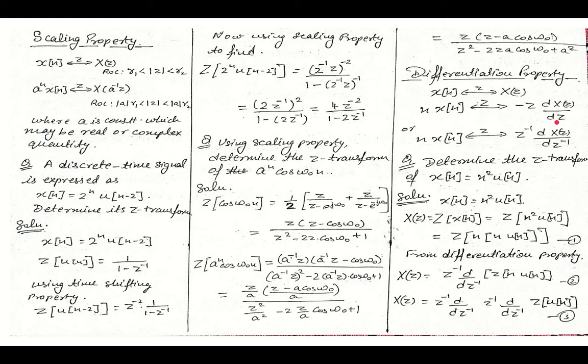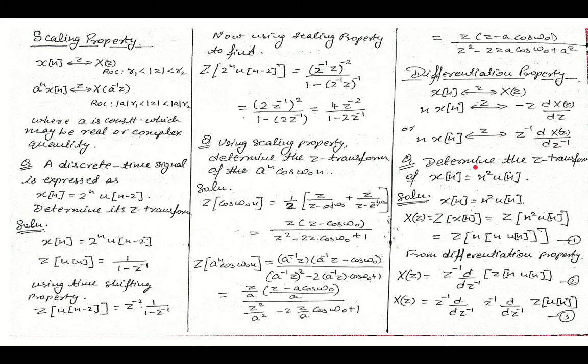And if we have represented our z transform in terms of the inverse values, then n xn will give us a z transform of z inverse dX(z) upon dz inverse.